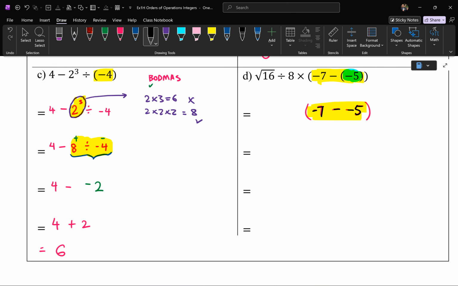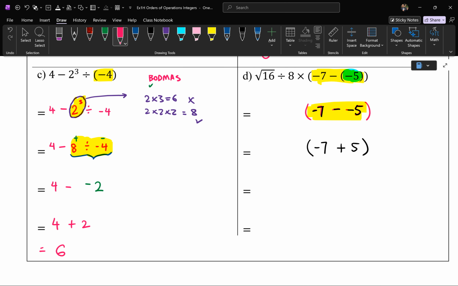Very good. So in this case here, now we're going to solve this bit. This is saying you owe $7 and then you're removing a debt of $5. Okay, so if you're removing debt, overall is positive, good, because you're gaining. Okay, if you remove debt, you're gaining. So this is the same thing as saying -7 gaining $5 because you're removing debt.